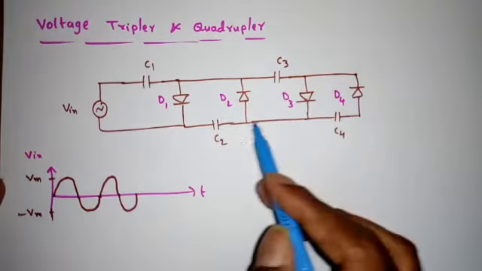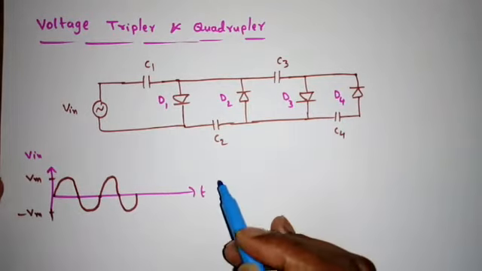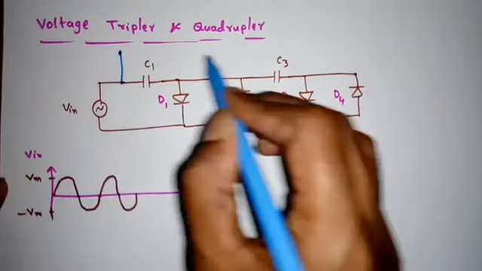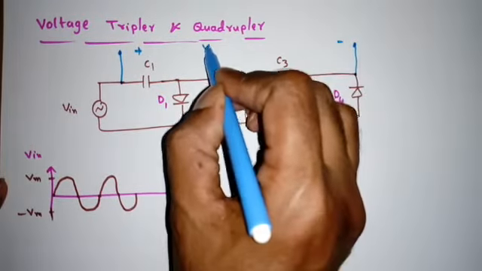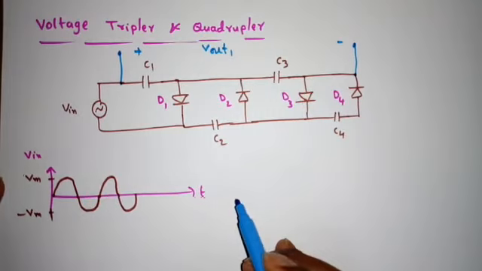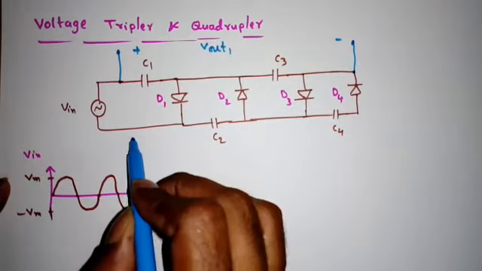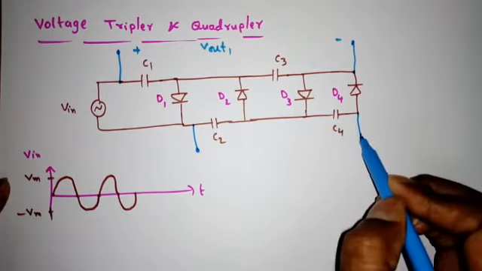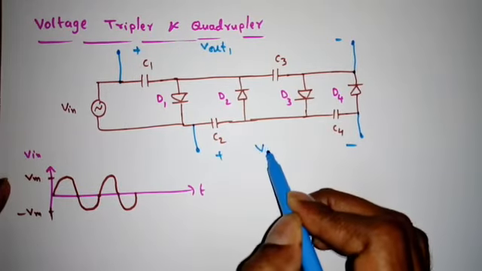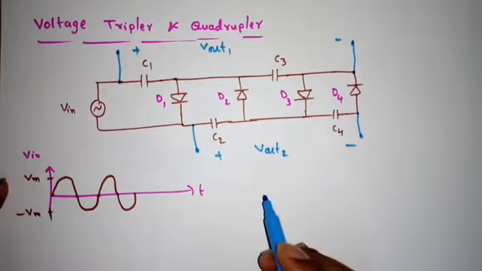The same circuit will give the tripler and quadrupler. If I take the output across this as Vout1, it will give the tripler, and if I take the output across these two capacitors, plus minus Vout2, I will get the quadrupler.